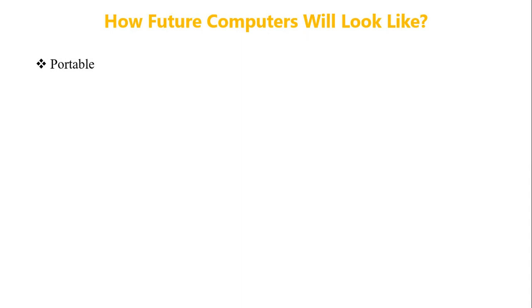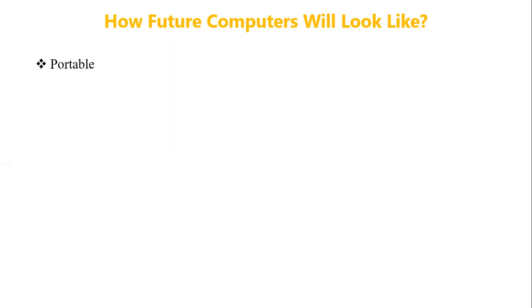And in the late 1970s and 80s, personal computers were introduced. Still, they were bigger in size. And day by day, because of Moore's law and other technologies, the size of the computer is getting reduced and its performance is increasing.